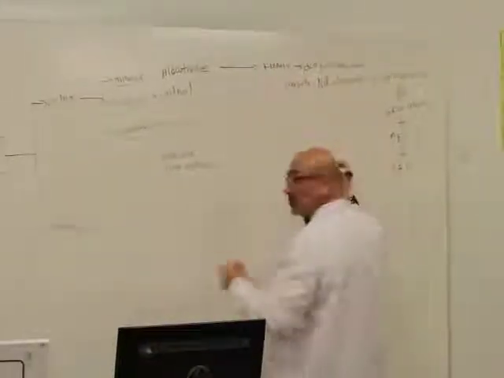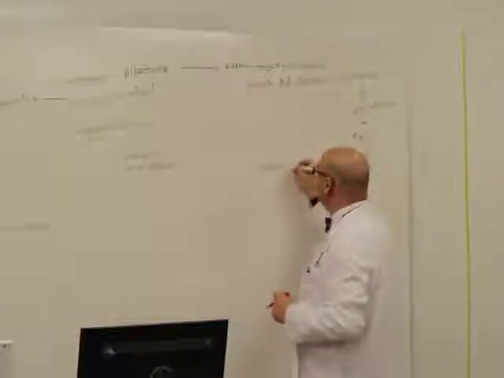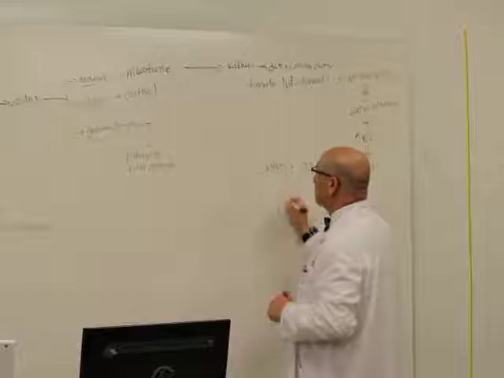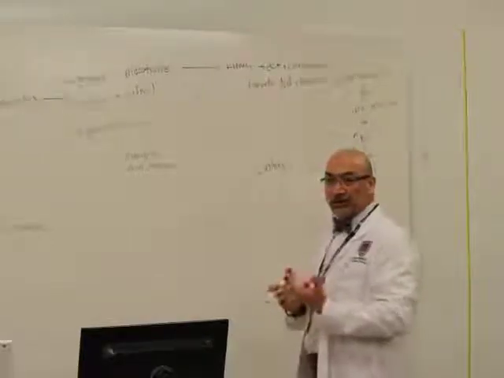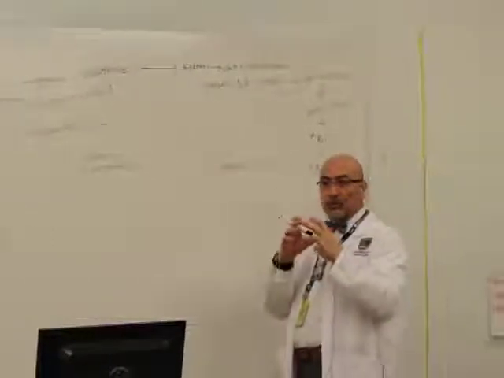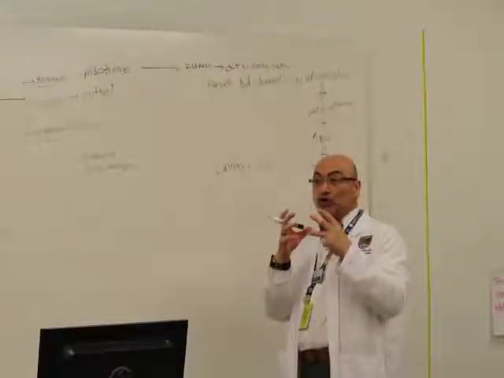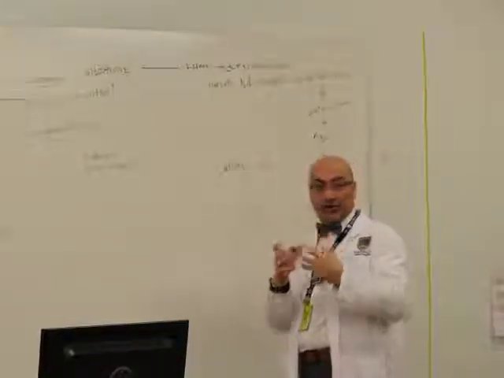You've heard of that. Dogs get it, humans get it, right? Cushing's disease is, in almost all cases, you get a tumor. So overstimulation of the pituitary gland.